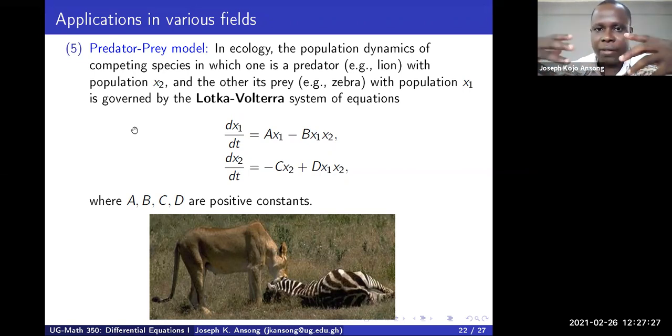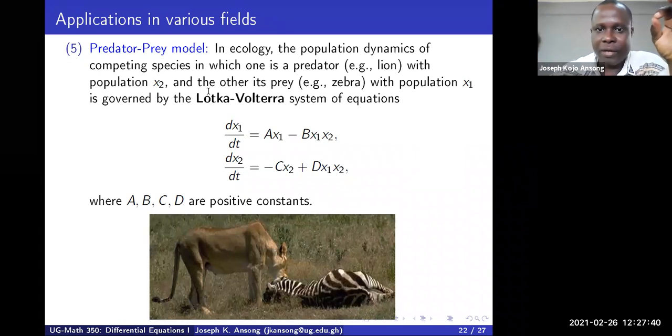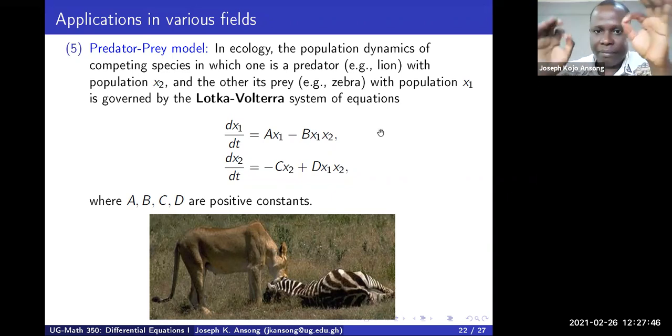So if you have a predator, let's say a lion, represented by X2, that's a population of lions, and you have a prey. The lion is preying on the zebra, and the population of the zebra is represented by X1. So just two of them.